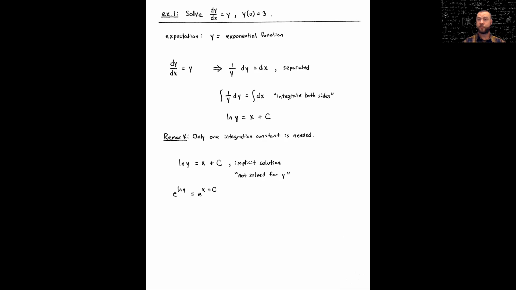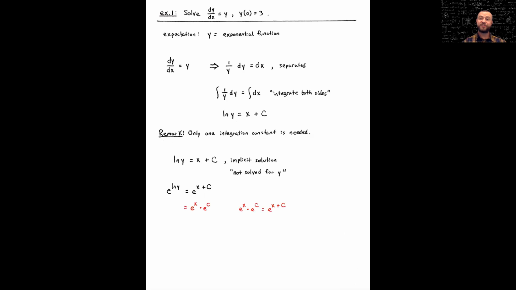So first, if we're trying to solve for y, we would want to undo or cancel the natural log. So we would exponentiate base e for both sides. All right, just to introduce another idea with constants that we're going to continue to see. Notice on the right side, e raised to the x plus c, using some basic exponent rules, we can rewrite this with multiplication.